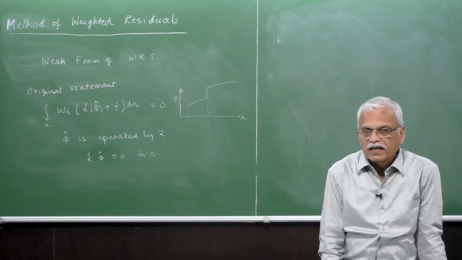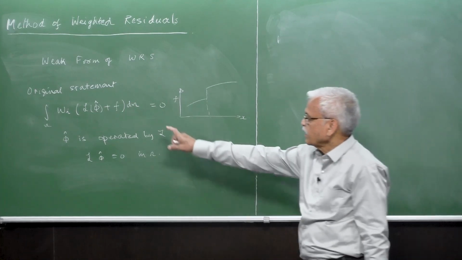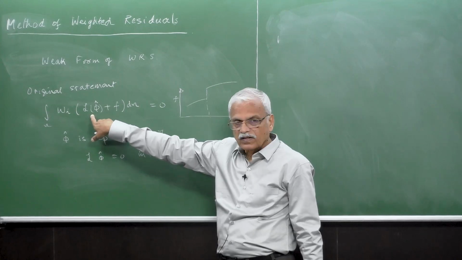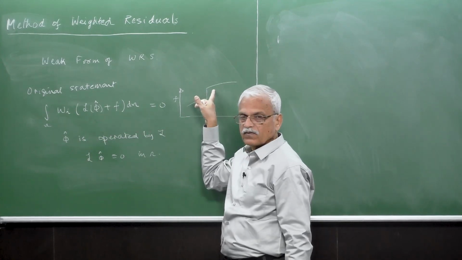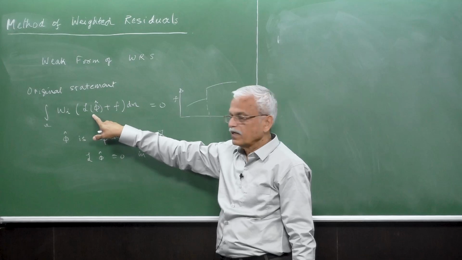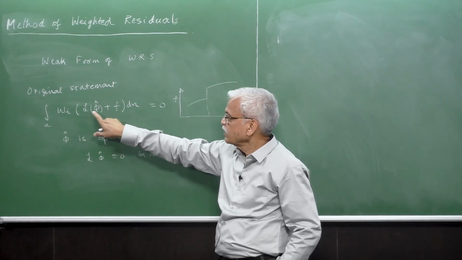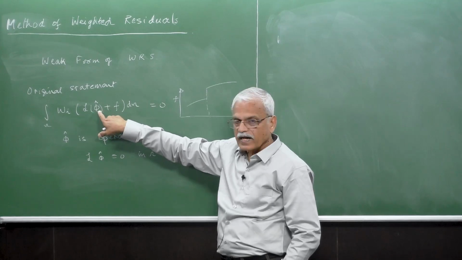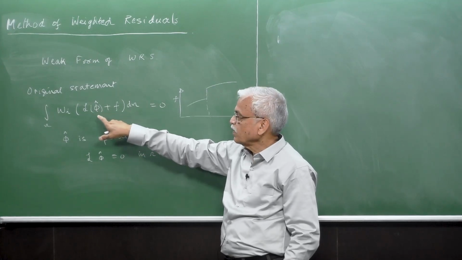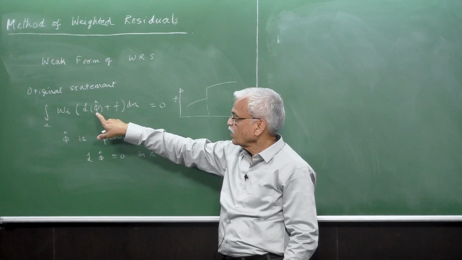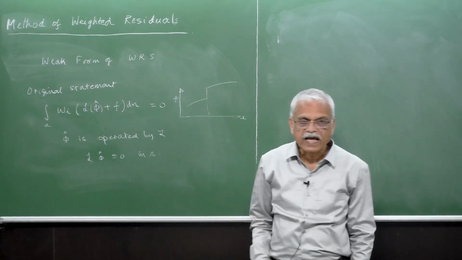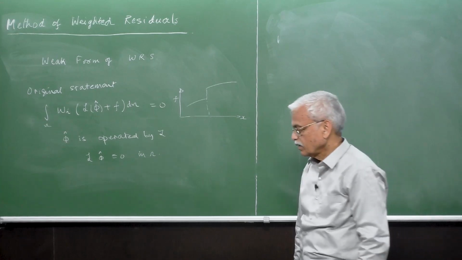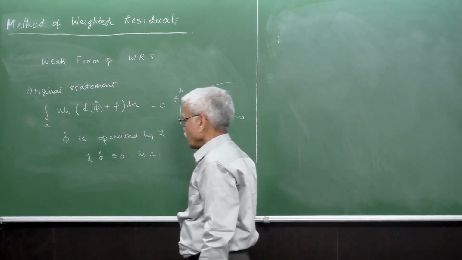Then only can we do the differentiation. Otherwise, the derivative is not defined, right? So the whole thing should be well defined, unique, and that means that this phi hat should be differentiable or continuous to the extent that L phi hat is uniquely defined. There should not be any discontinuity.